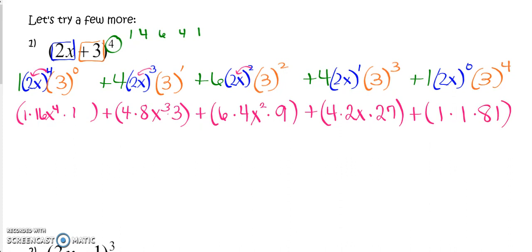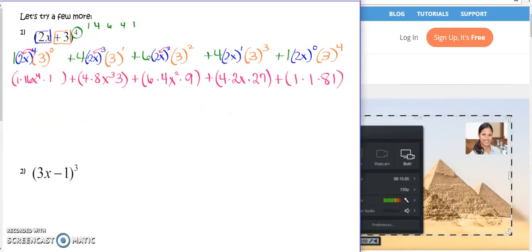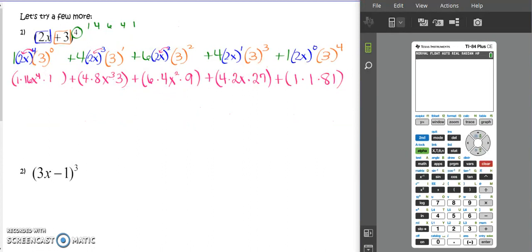So it might be helpful here to grab a calculator if you haven't already. I'm going to bring up this calculator for a second. So this first piece is pretty easy. It's 16x to the fourth. Now we're going to multiply 4 times 8 times 3, 96.